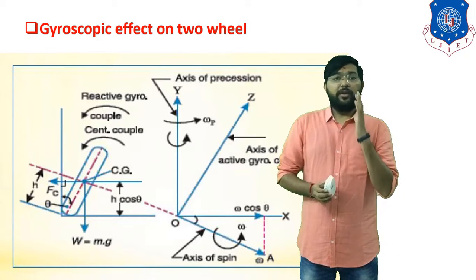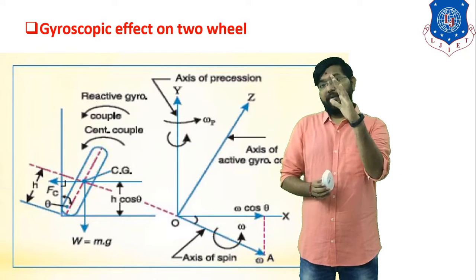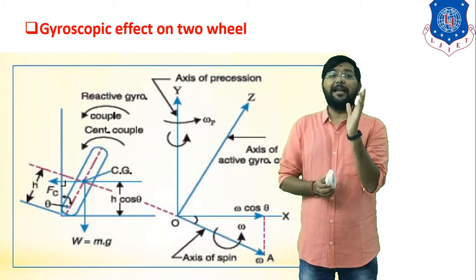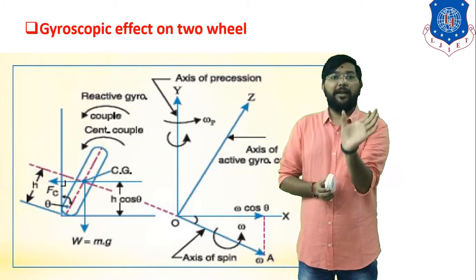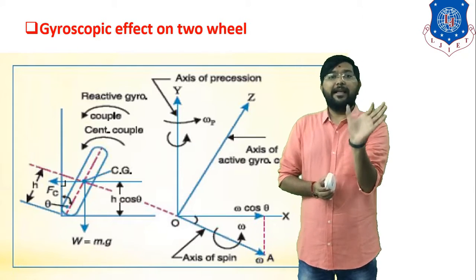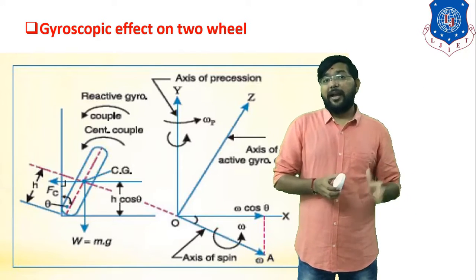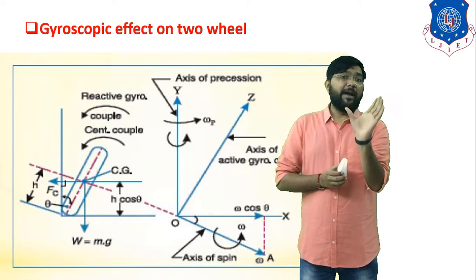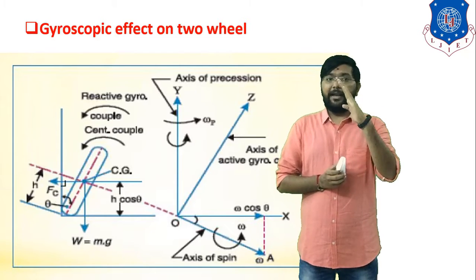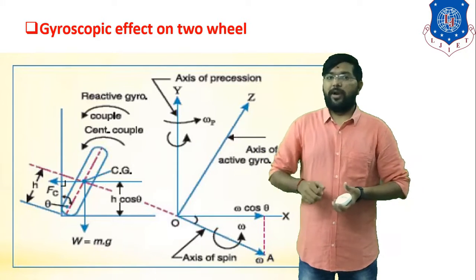If you observe the bike from the front side, whenever the bike takes a left turn, the bike slightly tilts from the vertical axis and makes an angle theta. This angle is known as the angle of heel. The angle theta indicates the bike will try to incline, and the gravitational force acts in downward direction.